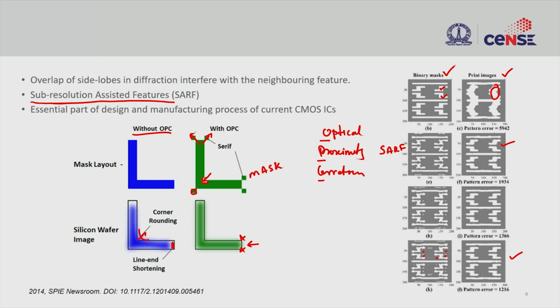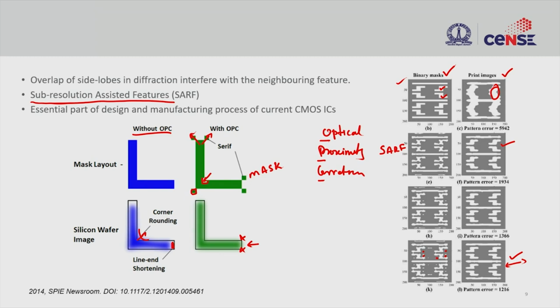And then when I do that, the image is very close to what I wanted from the binary image that I had here, right. So this is how you create nearly perfect reproduction of the image by using sub resolution assist features, right. Actually this should be surf, okay.